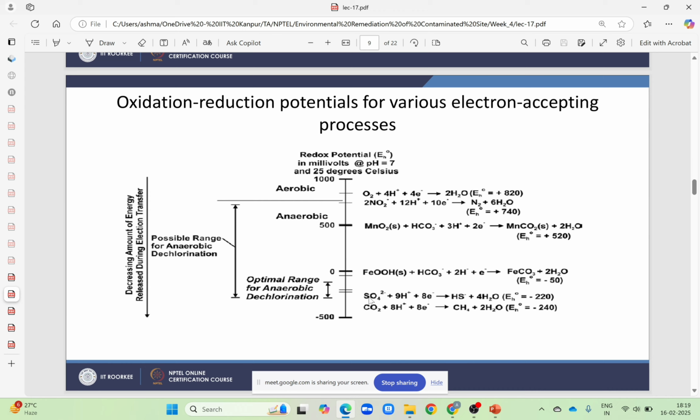So sulfate will take electrons and it will get reduced. So the E-naught values tell us which is the most reducible species here.